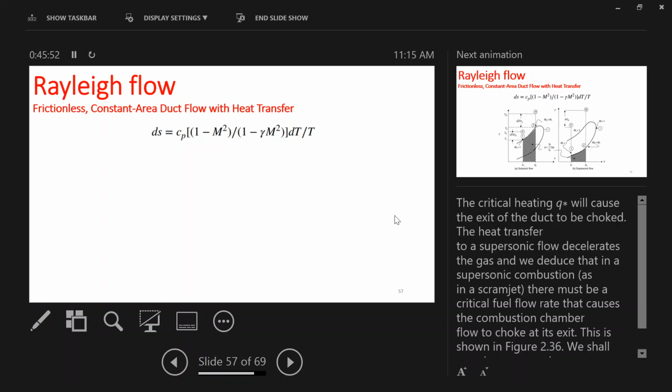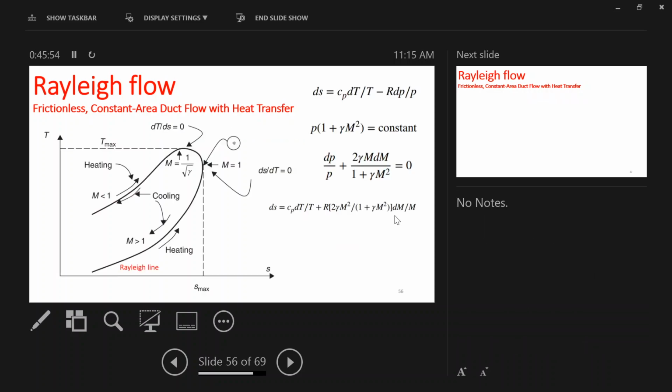So let's go here again. What do you think is going to happen when you are at the sonic condition? As I mentioned, as you are moving in the duct, your M is changing. Your M is going from subsonic in this case, and this is called the Rayleigh line.